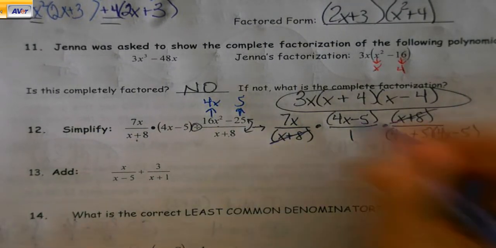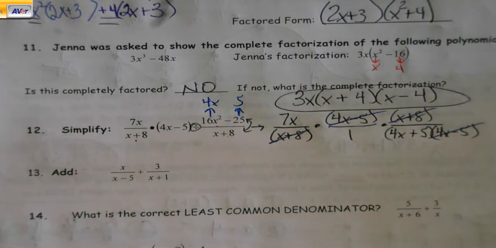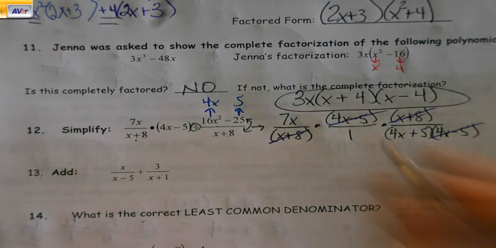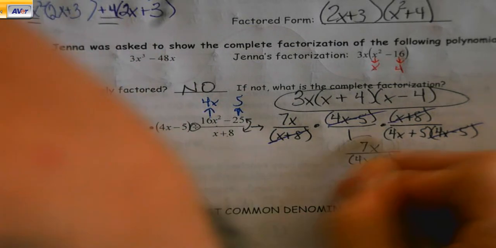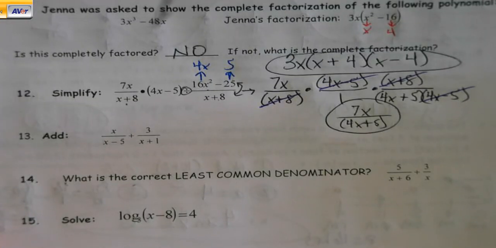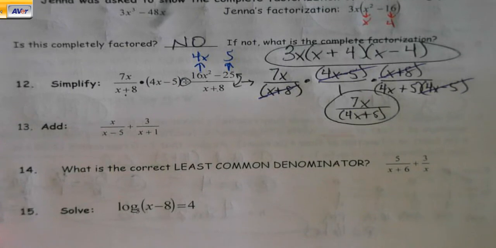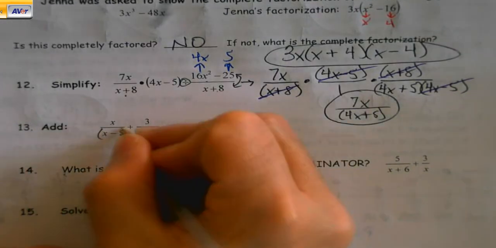Zap, zap, zap, zap. Let's see what we got left. We got 7x. We got 4x plus 5. These are bonded. Don't you dare cancel the x's after all that good work. And we're good to go. So lots of little things that we're taking into consideration here.